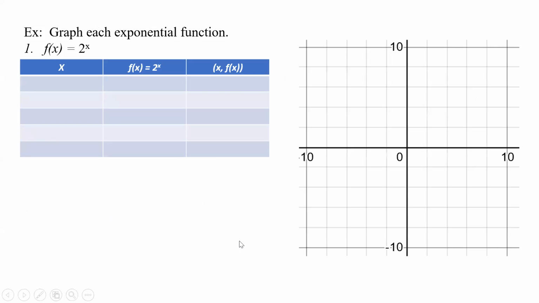So our first one we're going to look at is graphing f of x is equal to 2 to the x. While I have this 10 by 10 graph here, some of these are going to go well beyond what's on here, so we won't really get a good view on the limits where maybe it crosses some axis, but it'll give us a general idea in this area.